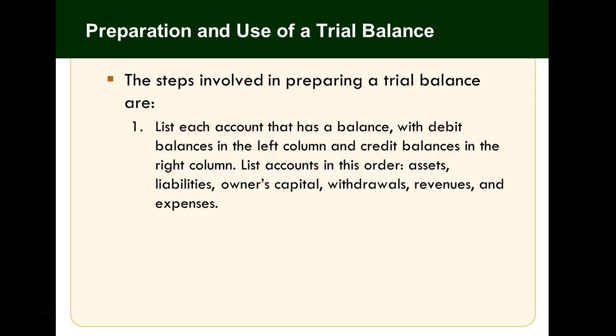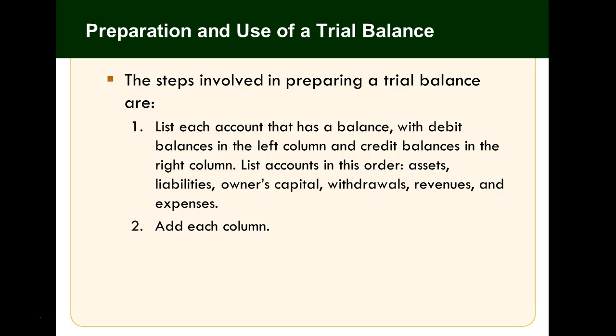So in preparing a trial balance, we're going to list each account that has a balance. Debit balances we're going to put in the left column, because a debit means left, and a credit means right. List the accounts in their order. We start with our assets, then we do our liabilities, then our owner's capital, then withdrawals, revenues, and expenses.